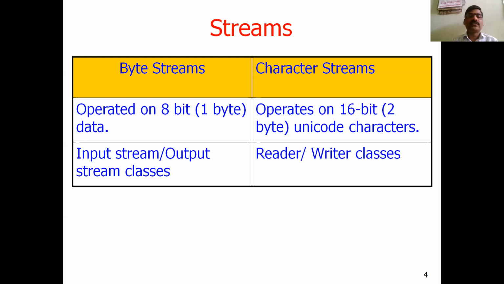Now the byte stream classes are nothing but the input stream and output stream classes. And under character stream classes, we have the reader and writer classes. The reader class is for reading, and writer classes are used for writing.